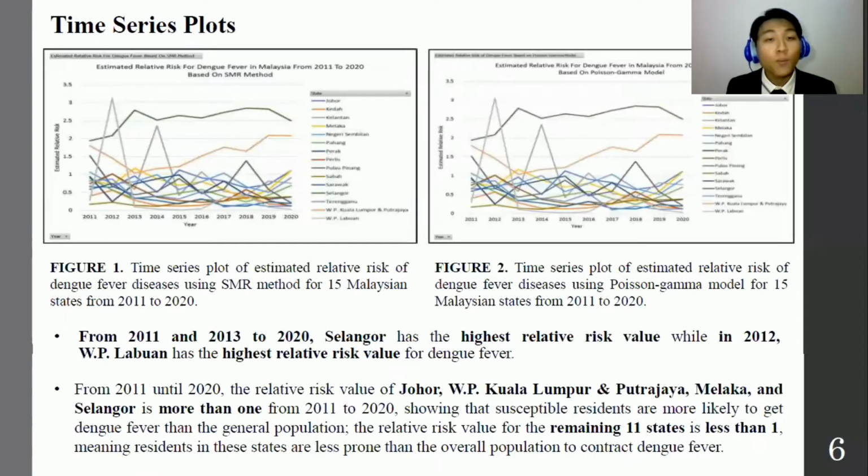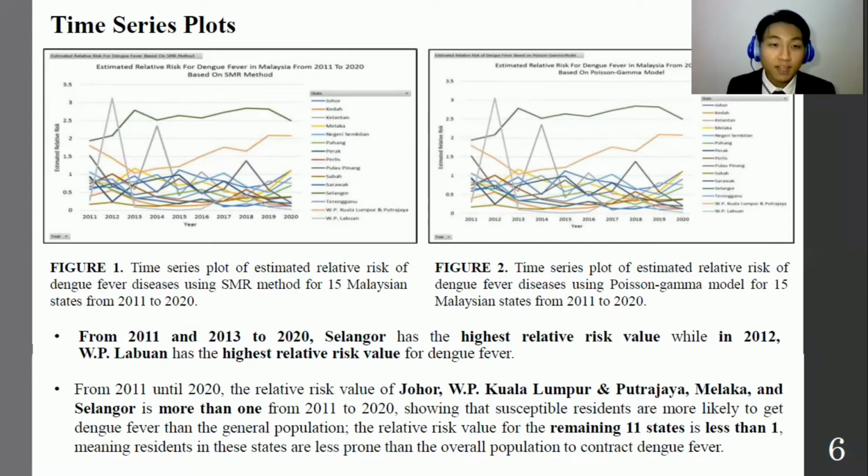All right, so figures 1 and 2 show the time series plots of the estimated relative risk value of dengue fever for the 15 states in Malaysia from 2011 until 2020. Figure 1 is using the SMR method, while figure 2 is using the Poisson-Gamma model. From the results, we can see that in 2011 and 2013 to 2020, Selangor has the highest relative risk value, while in 2012, Labuan has the highest relative risk value for dengue fever.